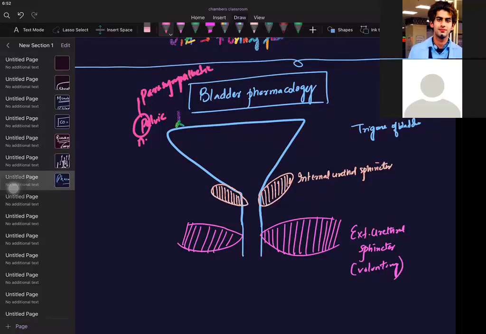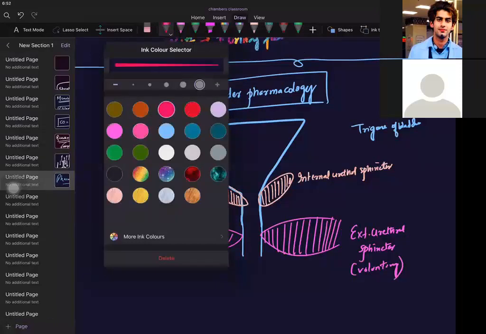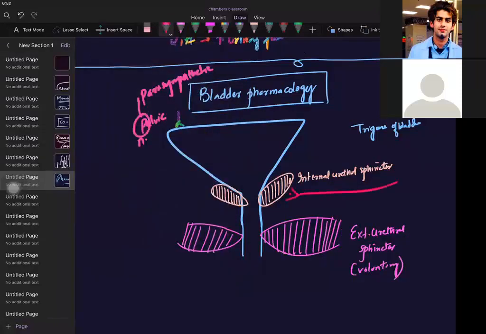So it will be sending parasympathetic impulses from the central nervous system. Which nerve supplies this region? Let me take a red color. This is supplied by the sympathetic, guys. Which nerve is this? Hypogastric, guys.